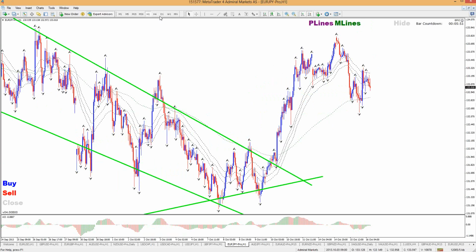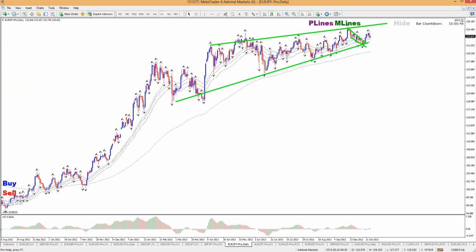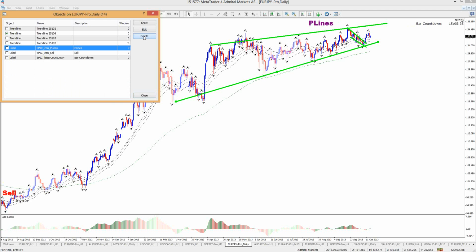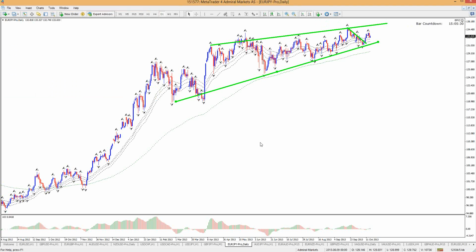Let's take a look at the daily. Kind of in a rising wedge, if you connect the tops and bottoms at least. Now the price is definitely above the moving averages still.